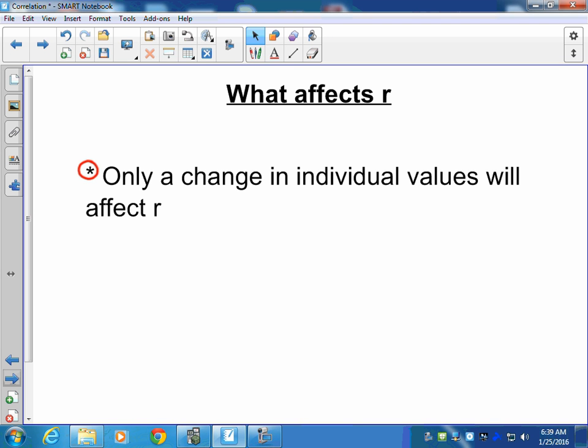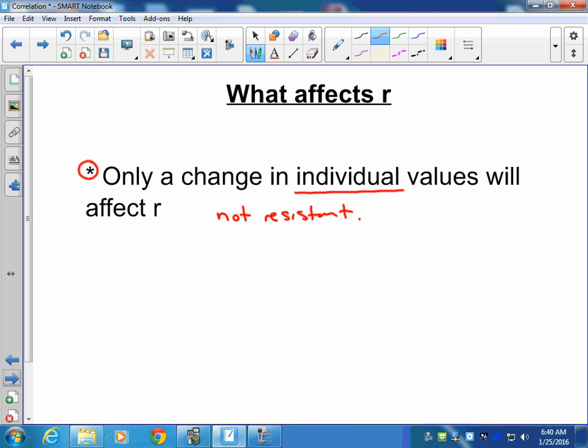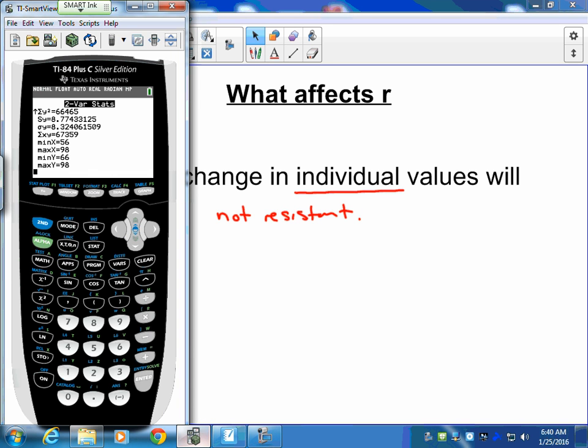But the only thing that changes an R value is a change in an individual value, or a couple values, because this R value is not resistant to outliers. If you remember that term from earlier in the year when we talk about resistance. So it's not resistant to small changes.